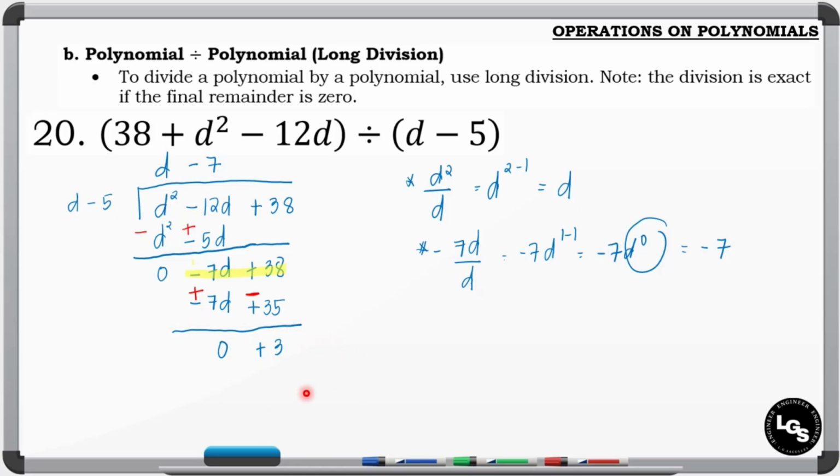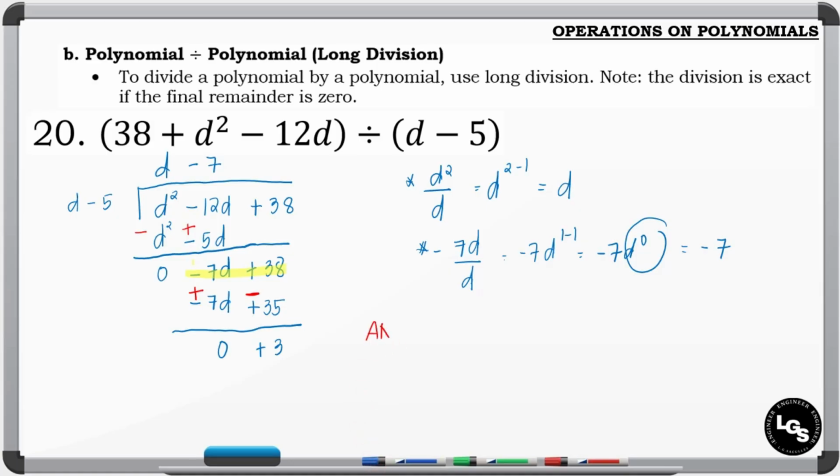And the term or terms that are left here is what we call the remainder of the problem. So how are we going to write the final answer?